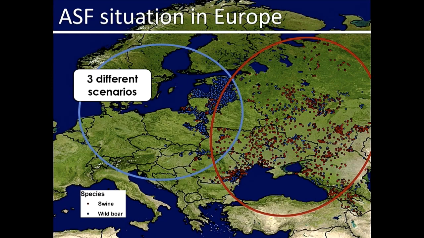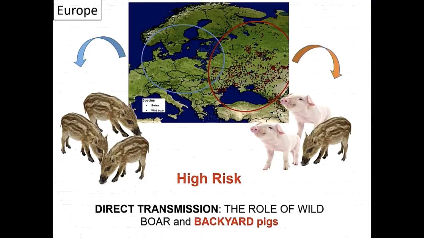But the third scenario is the island of Sardinia, which since 1978 has kept ASF infection. But finally we found what exactly was the source of the virus. They finished with that. This year there was no outbreak in Sardinia, and probably next year it is going to be free.